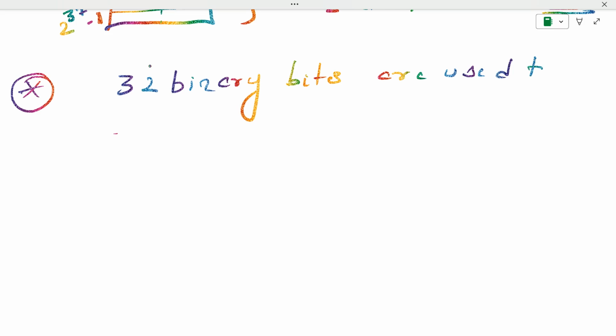So it has 32 binary bits. It's simply just bits, just an illustration. 32 binary bits are used to represent all the words of memory.